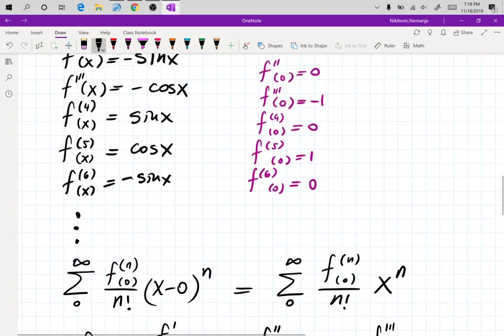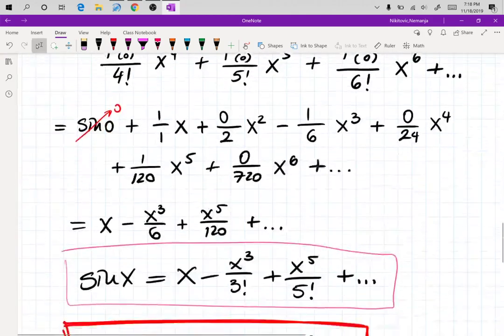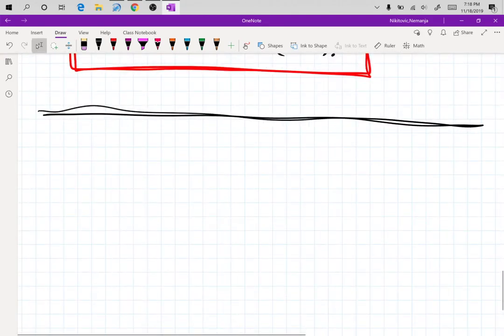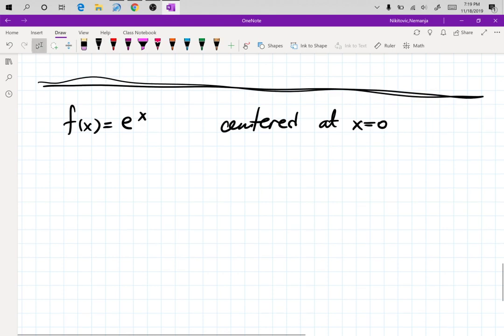I'm going to go over the procedure one more time. Well, let's do it one more time by working out one very difficult function, e to the x. So f of x equals e to the x, centered at 0. We still have to talk about that. Leave it alone. And let's see, the first derivative of e to the x is e to the x.